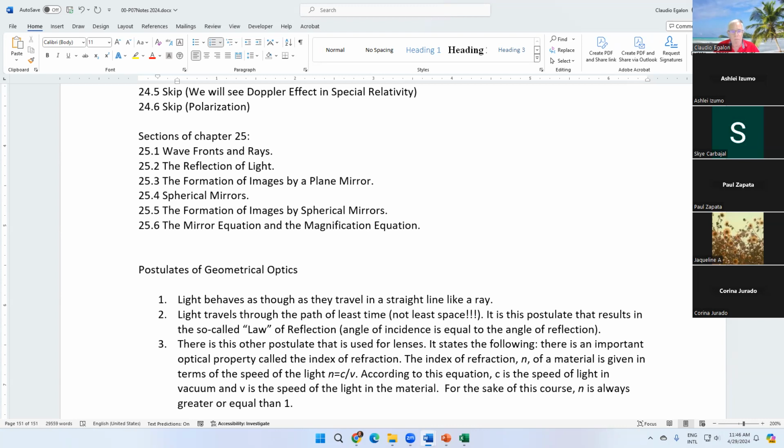So those are the three important postulates that you have to keep in mind, the postulates of geometrical optics.